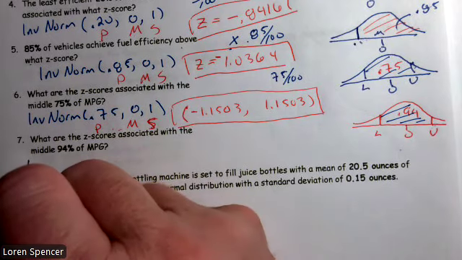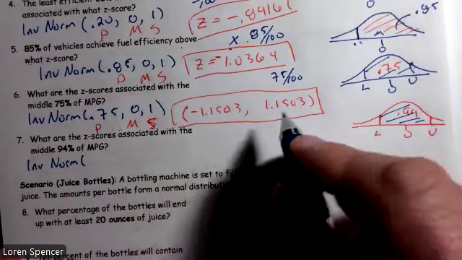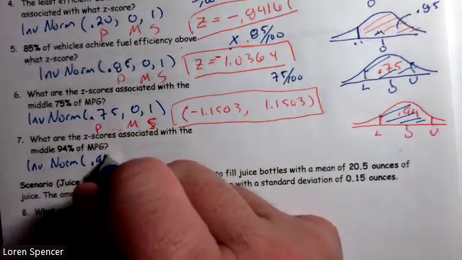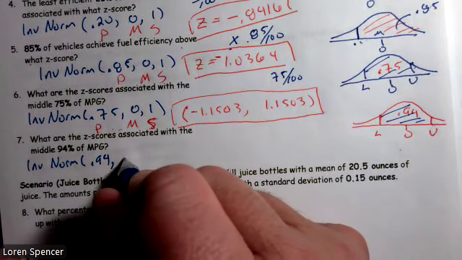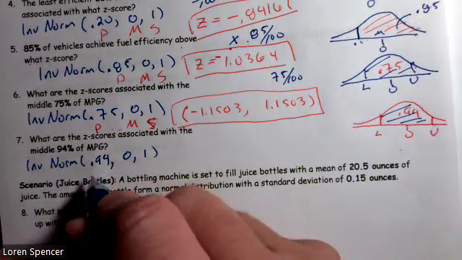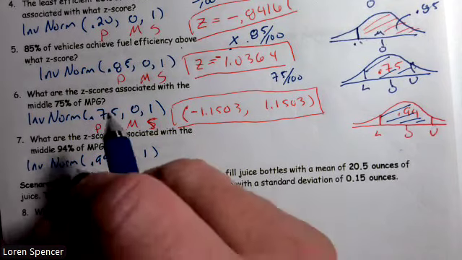So inverse norm. Remember, we're always dividing by 100. So 0.94. That's 94 divided by 100. Mean is 0, standard deviation of 1. And the reason, again, that these are 0 and 1, all z-scores have that value. So this is my PMS.